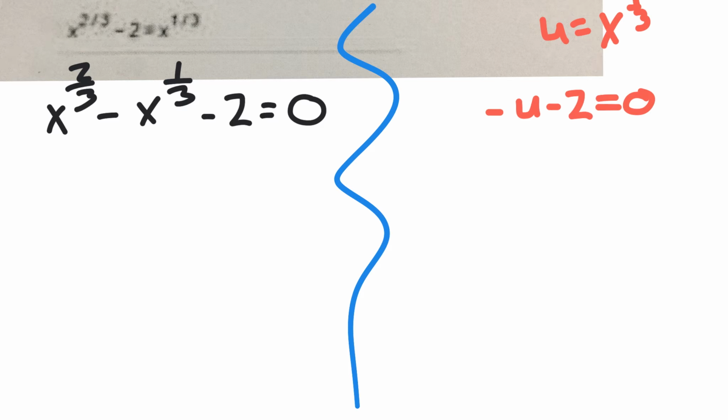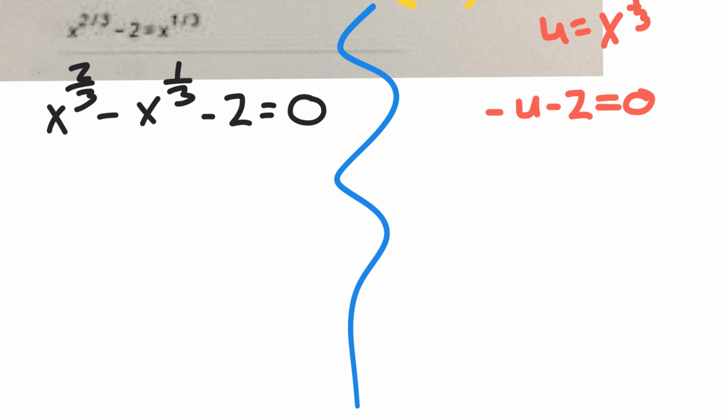And then let's deal with that x to the 2/3. So x to the 2/3 is the same thing as x to the 1/3 squared. Because a power to a power, we can multiply.